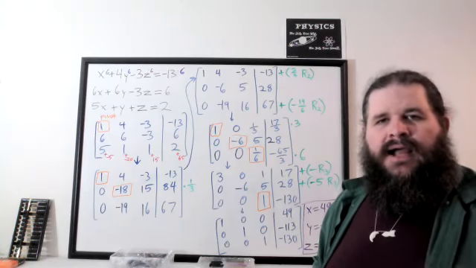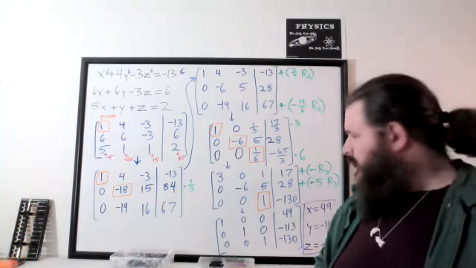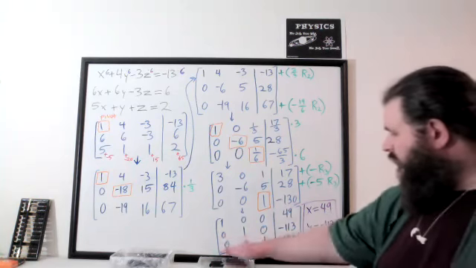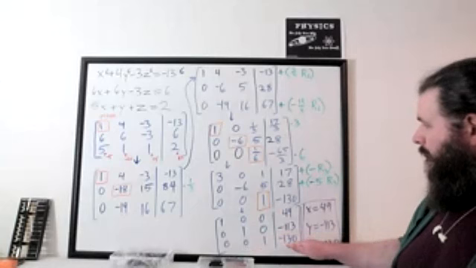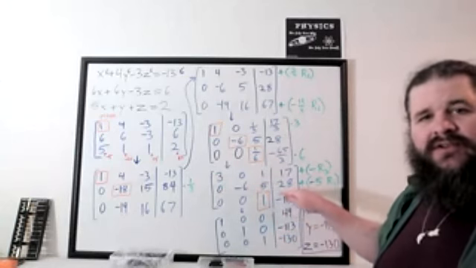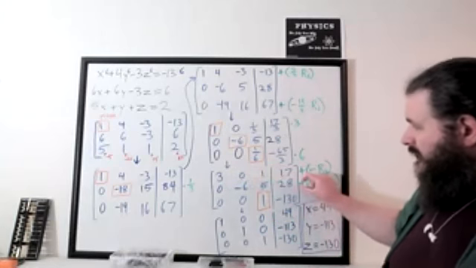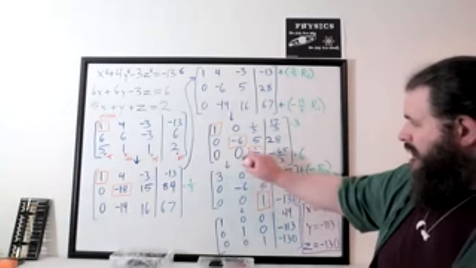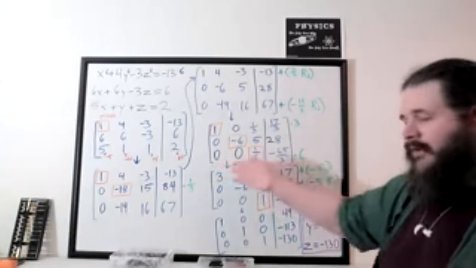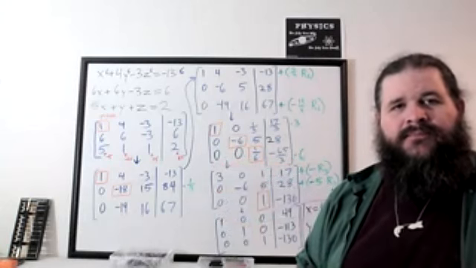Okay, gotcha. And that's mainly useful if you want to solve it using back substitution, because the final row is still going to look like 0, 0, 1, negative 130. But once you've got that, you can write all the other rows as equations, plug in negative 130 for z and solve for y in the second equation, then plug in y and z in the first equation and solve for x. So that would be solving by back substitution.